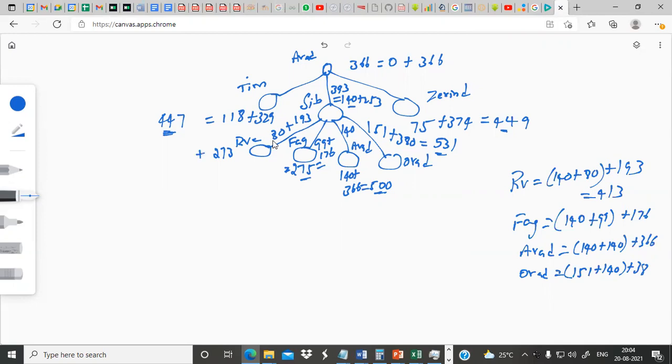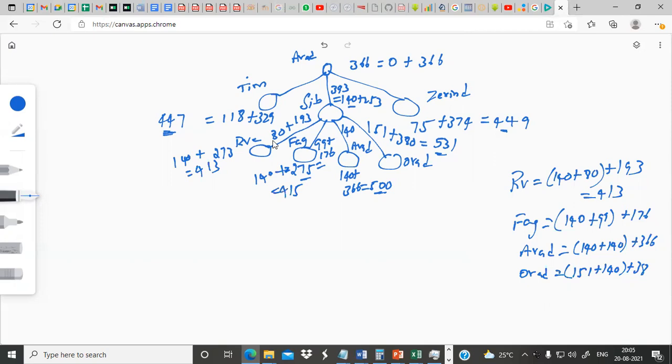So when you add 140 with this, you get 413. And when you add 140 with this, 275 plus 140, that is 375, then 400 plus 15, I think this is 415.